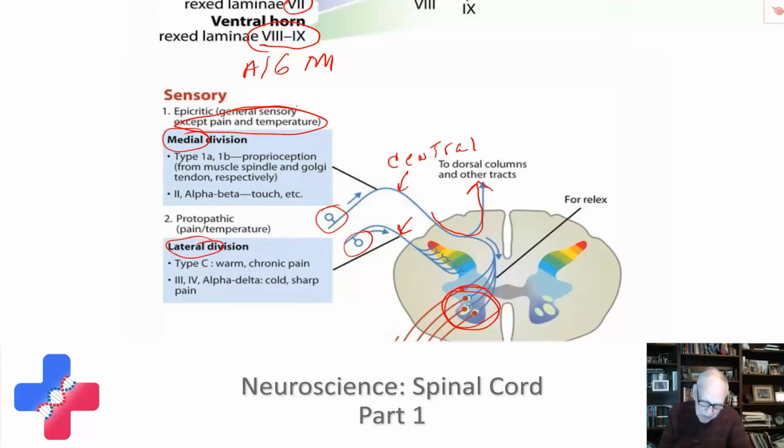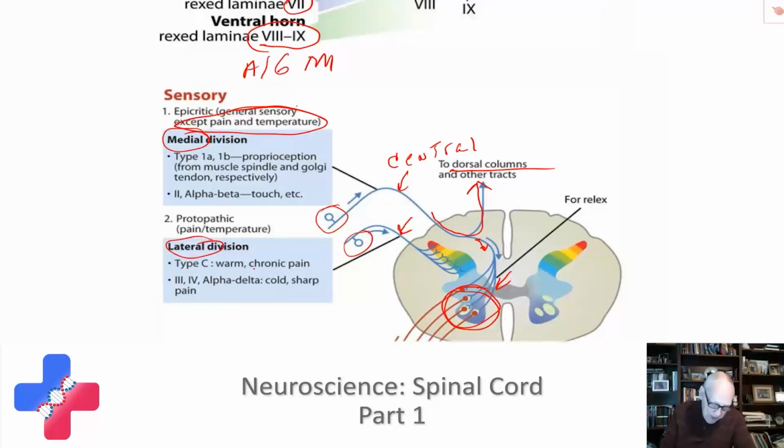One of the big ones is the dorsal column system, which will ascend and form the tract all the way up to the brain. A few of these fibers, not many, will go deeply, as you see here, and enter the ventral horn, and they're part of reflex circuitries. So again, the medial division fibers are everything but pain and temperature, and they bypass the dorsal horn.